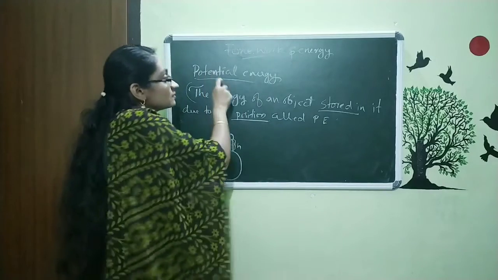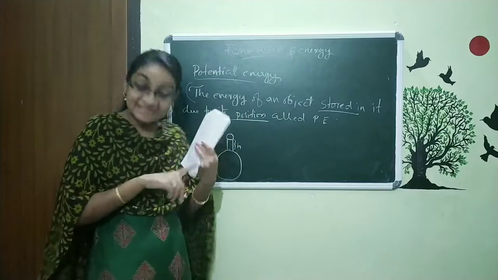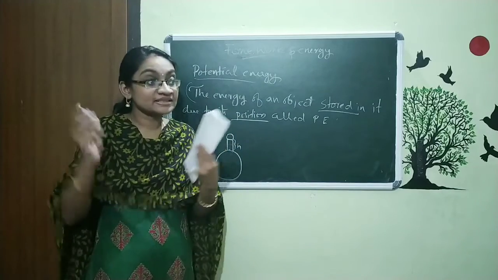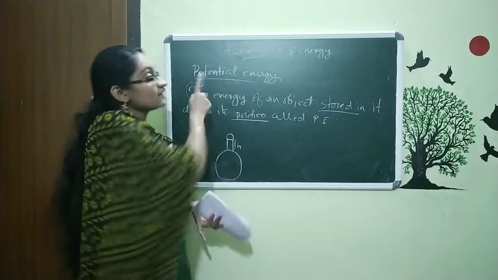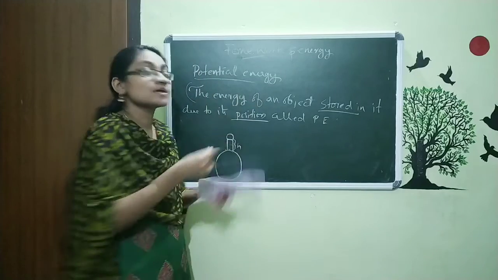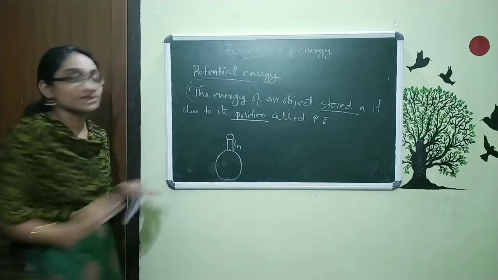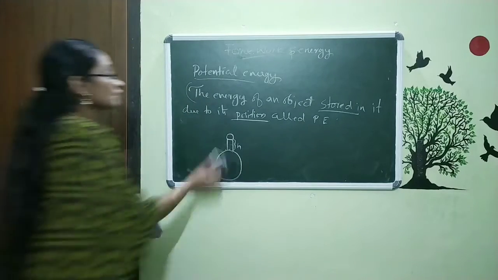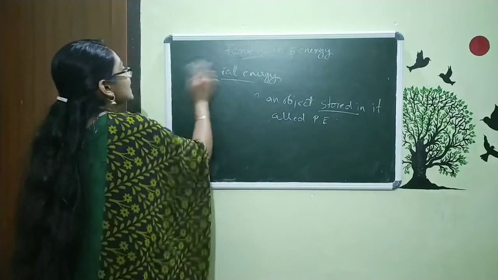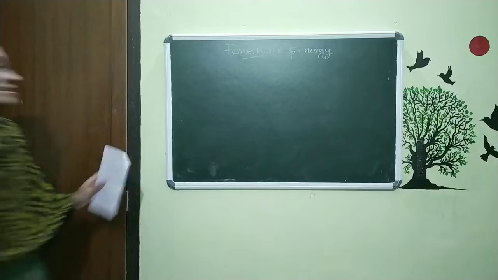So we can say it is stored potential energy. So kinetic energy is the energy that occurs due to motion, and potential energy is the energy stored due to position. Two types of energy, kinetic energy and potential energy. Now we are going to study the next one, mechanical energy.